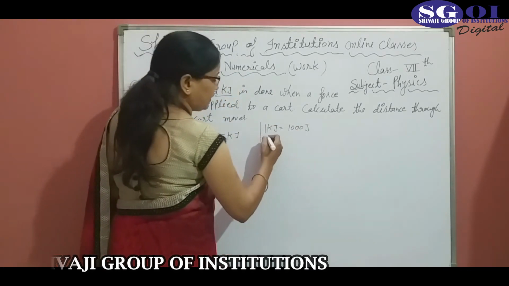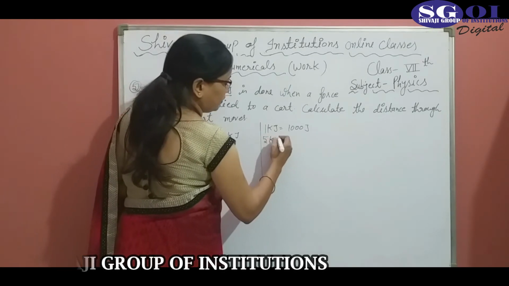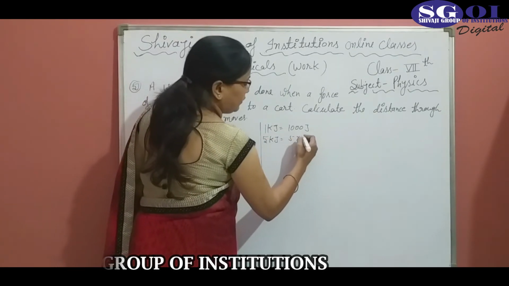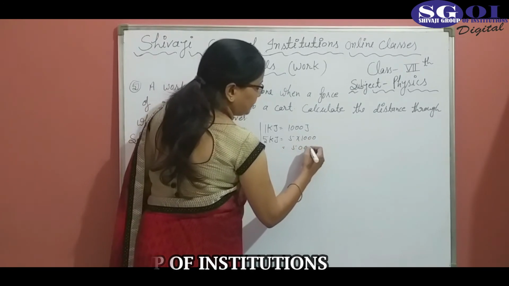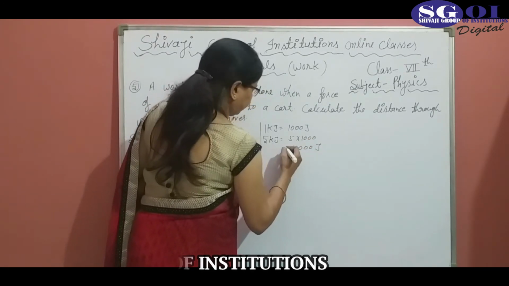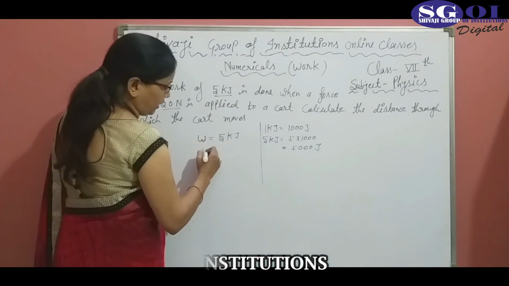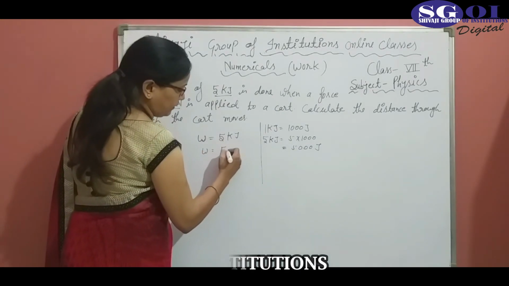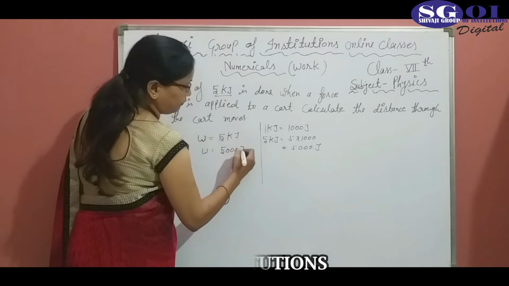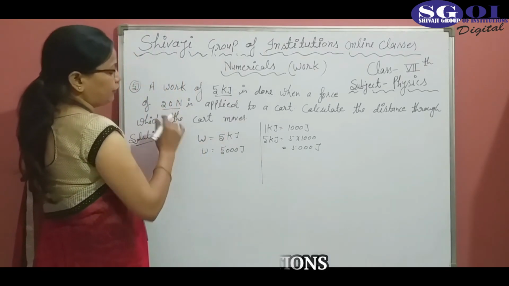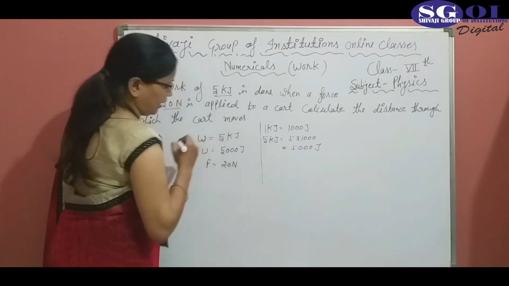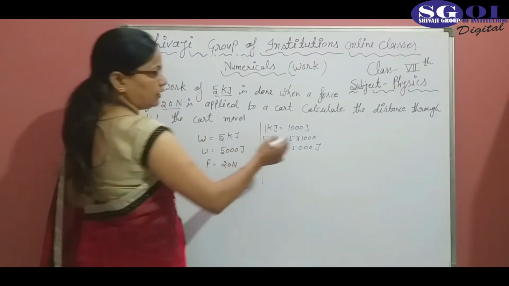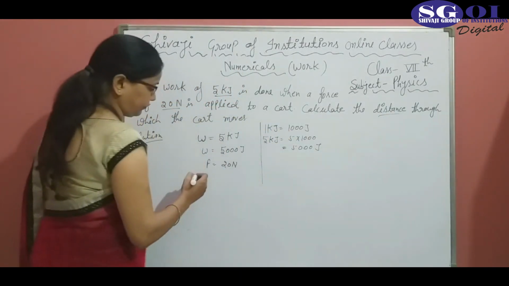So 5 kilojoule equal to 5 into 1000, which is equal to 5000 joule. So work done equal to 5000 joule. And force is 20 Newton. And we have to find out distance.